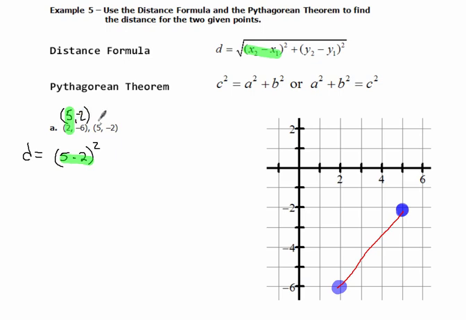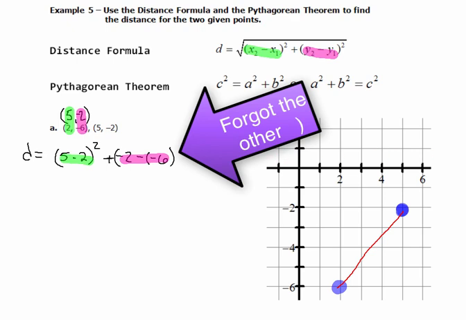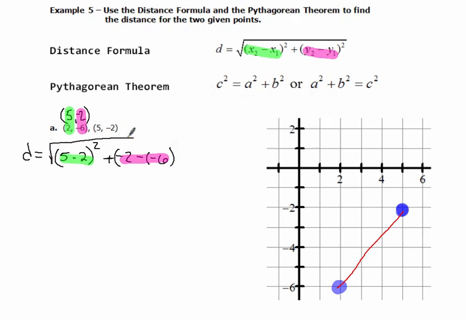That should be -2 right here. So I'm going to have plus -2 minus -6. And both of those pieces are going to be the y2 minus y1 right there. So those two parts are how you're going to fill in the formula. Now when you write your formula, make sure you have the square root going all around the numbers you have inside of it.